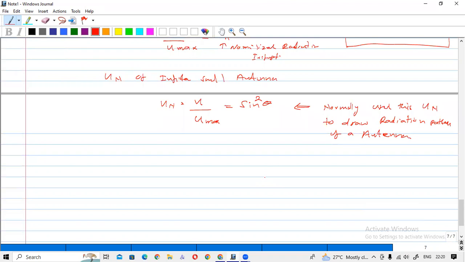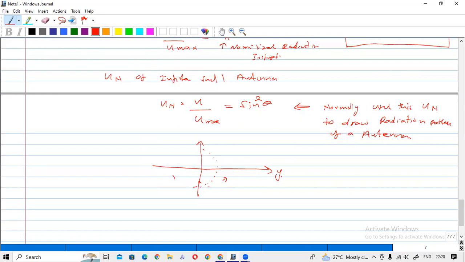If you want to find the radiation pattern of the antenna, you can see that it is related with theta. If this is the Z axis and this is the Y axis, you can see that the radiation intensity changes in the theta direction, not in the phi direction. In this direction it is not changed. So you can draw the radiation intensity.